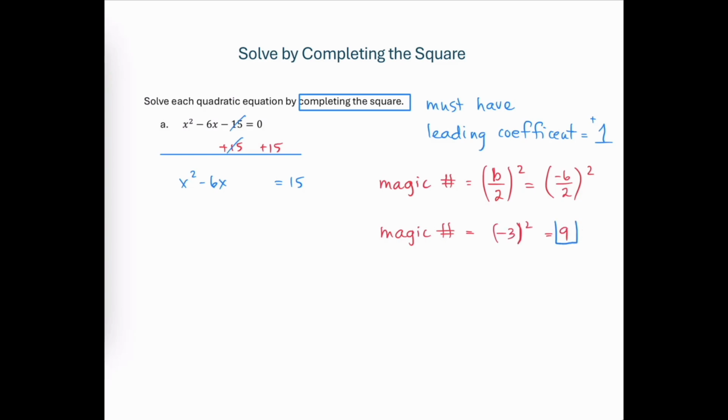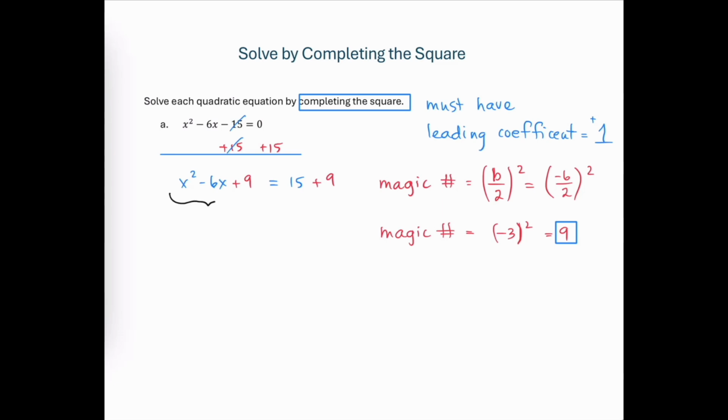So 9 is the magic number. It's the value that we're going to add in here in order to create a perfect square trinomial. But anytime we add something to one side of an equation, we must also add it to the other side to preserve a balanced equation. Anything that we do to the left, we must also do to the right.